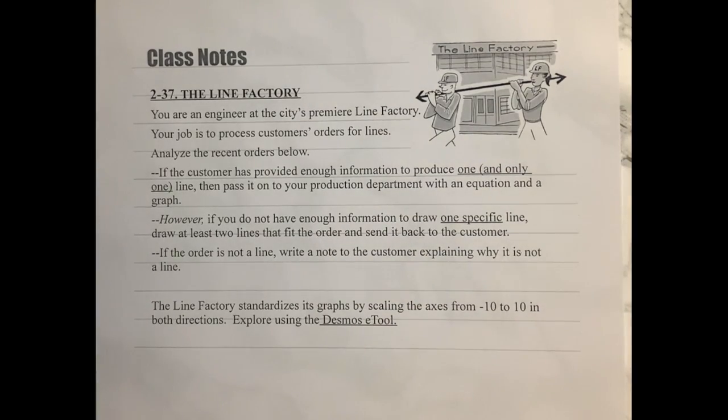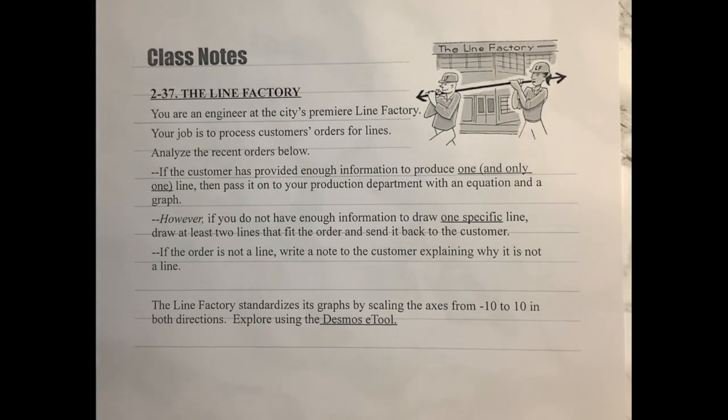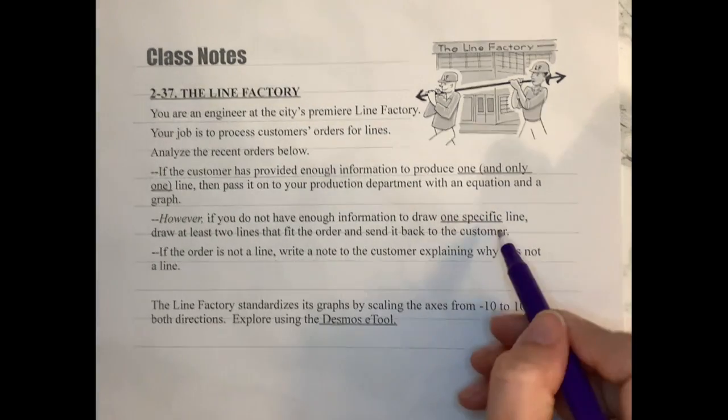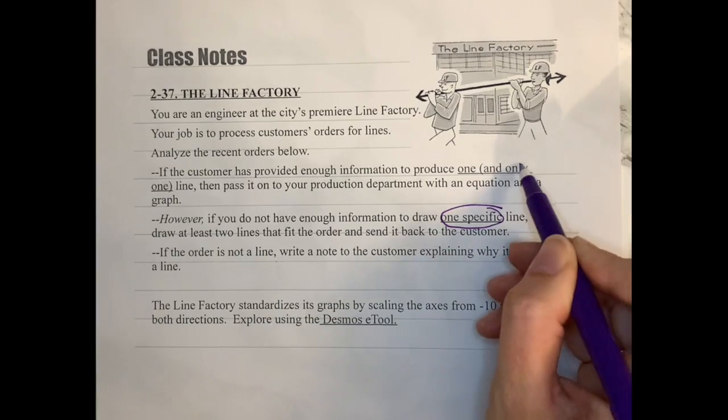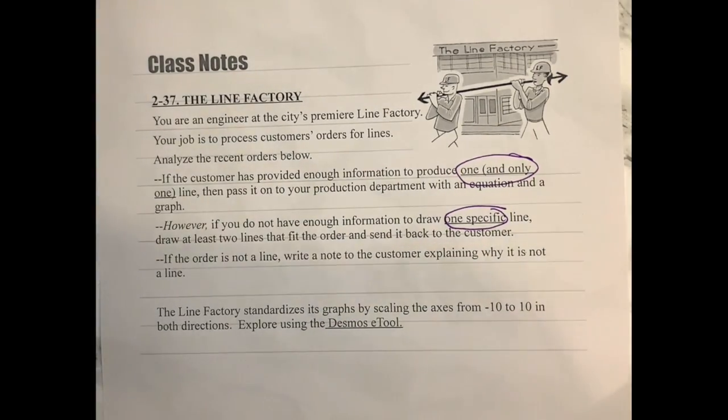All right, 37. Take a second to read the scenario so you know what our end goal is. Okay, so the main thing is we're talking about one specific line, one and only one line.